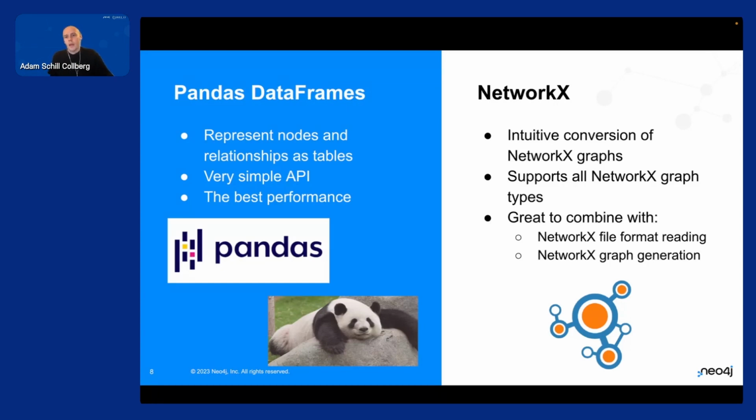Similarly, there's lots of great functionality in NetworkX for generating different kinds of random graphs, expander graphs, complete graphs, path graphs, all kinds of stuff. And you can, of course, use this, import that generated graph into GDS, and do analysis of it there if you wish.